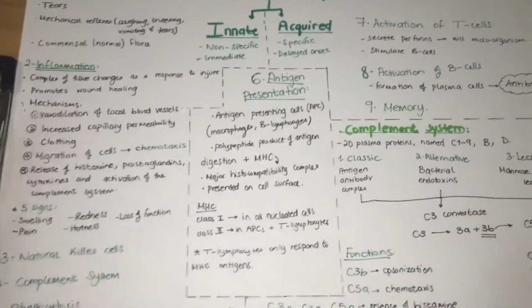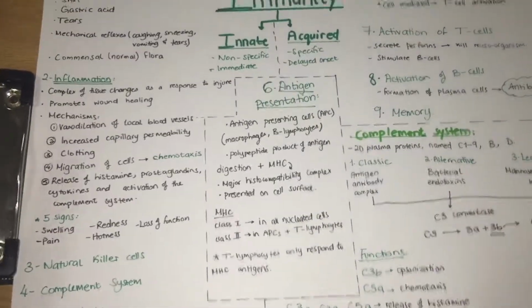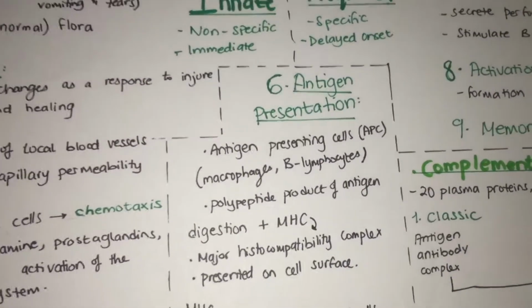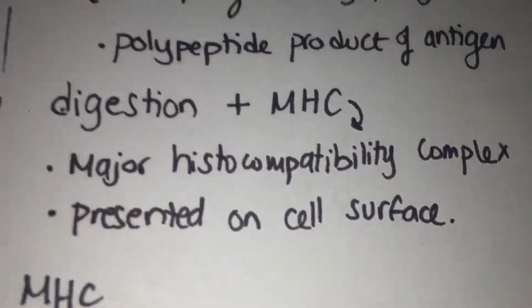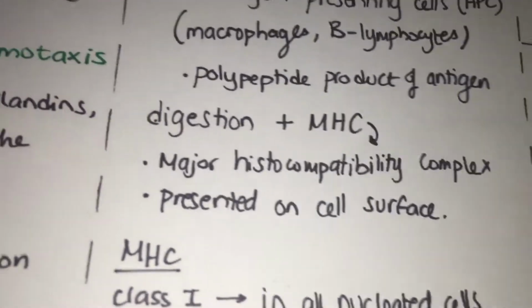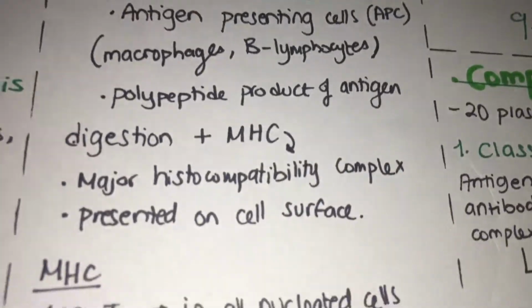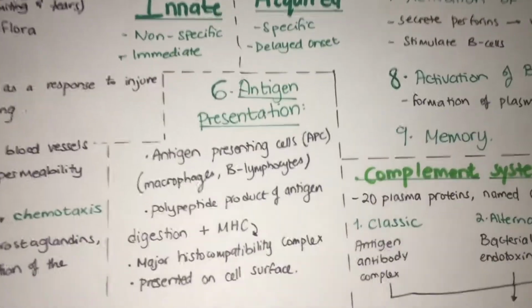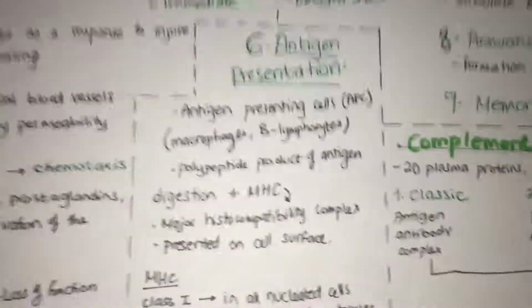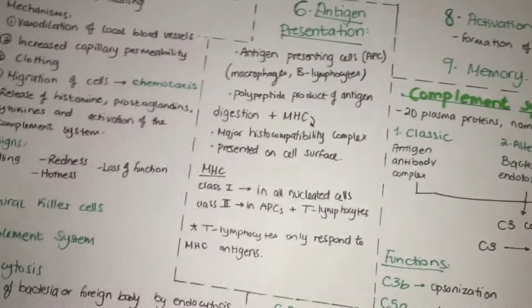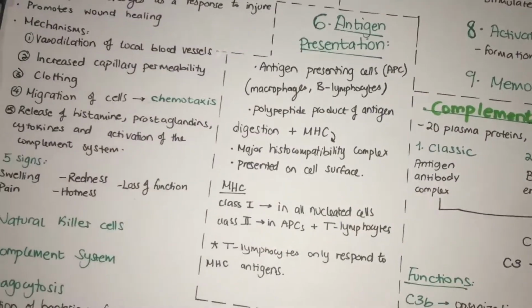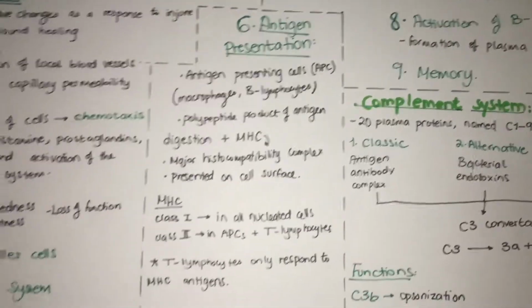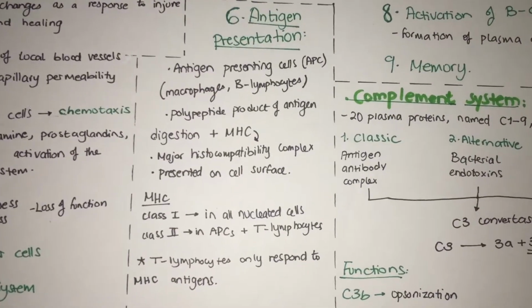Then we go into the part which is between innate and acquired. This is called antigen presentation. Antigen presentation is basically that after this phagocytosis happens, let's talk about bacteria, for example. Bacteria has certain proteins or certain parts that trigger or are recognized by the body, and we're going to be calling them antigens.